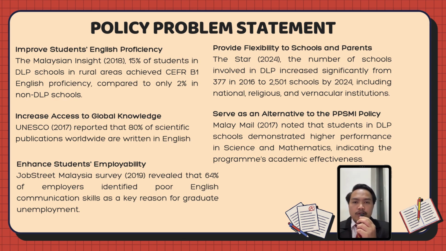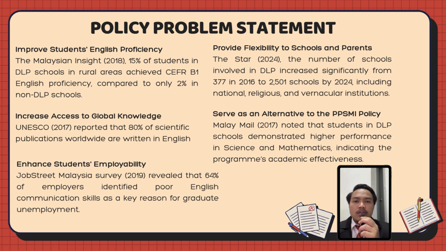For the next problem, DLP also provides flexibility to schools and parents within the national education system. Schools may choose to adopt the program, and parents are given the choice to decide whether their children will learn science and mathematics in English or Bahasa Melayu.